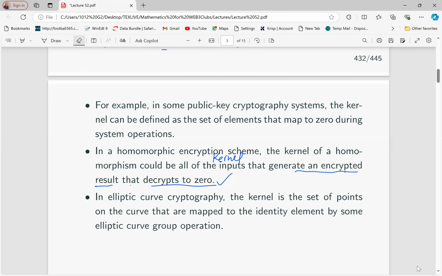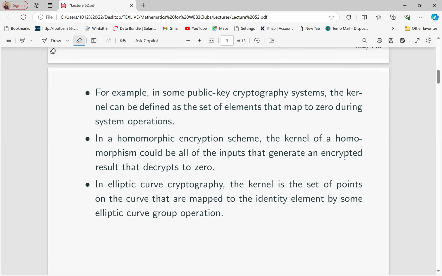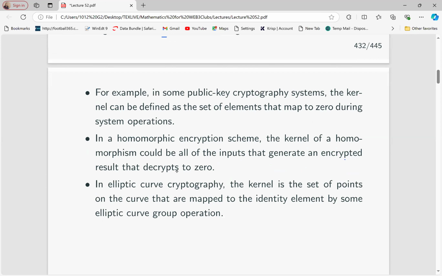It's used in very many places in cryptography. In elliptic curve cryptography, the kernel is also employed. But what does the term kernel mean when you are doing elliptic curve cryptography? It will mean the set of points on the elliptic curve that will be mapped to the identity element.